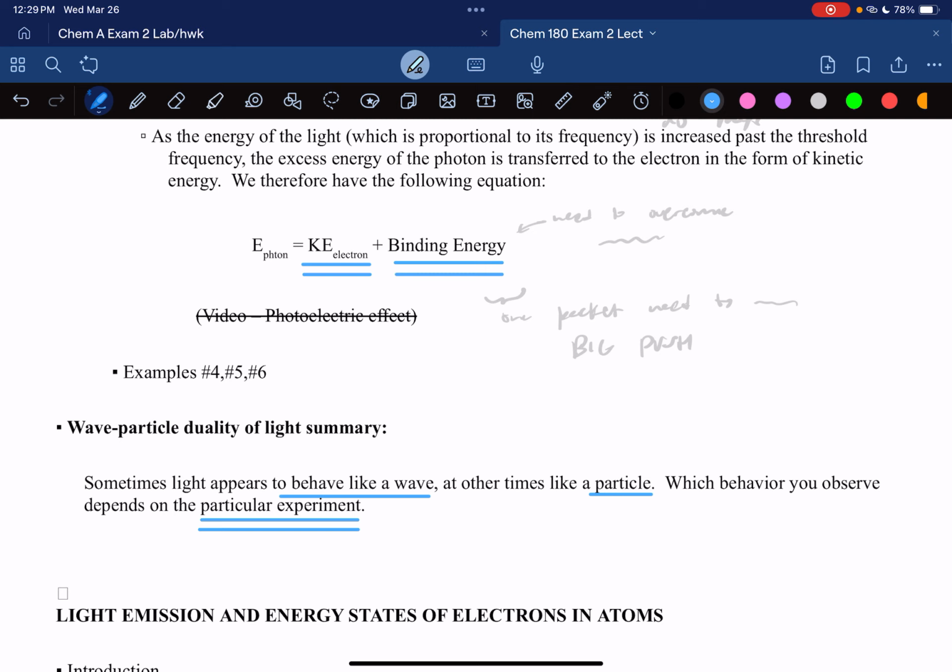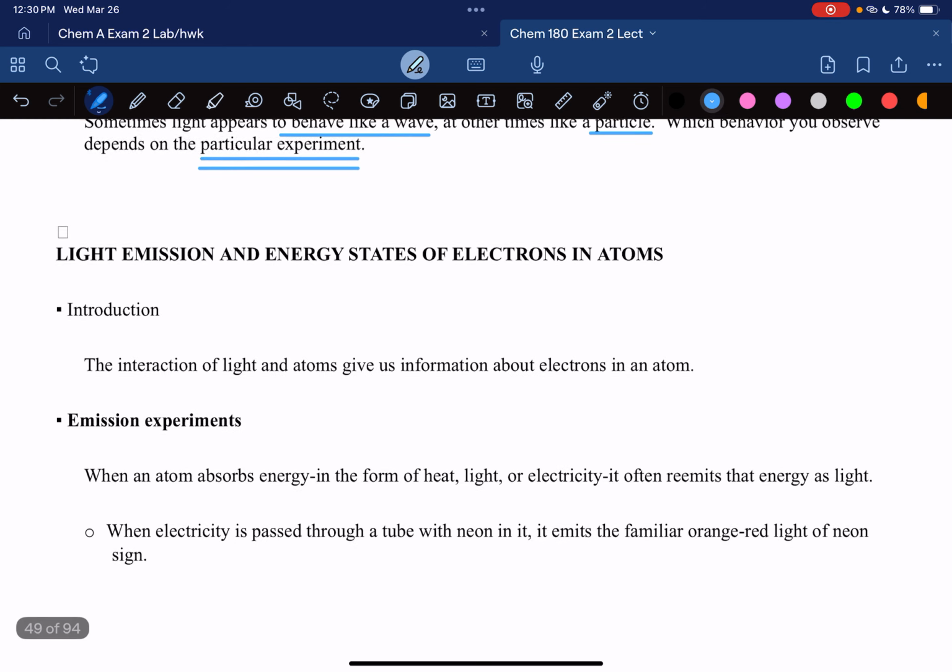So let's move to the next thing we need to know more about. We study light to find out something about atoms, specifically the electron in an atom. That's what this whole chapter is about. We find that out through the interaction between light and matter.